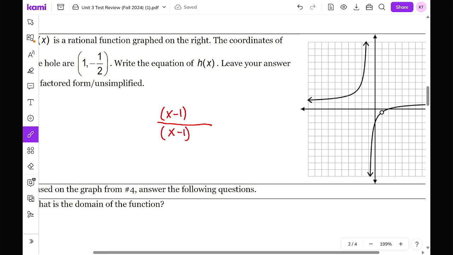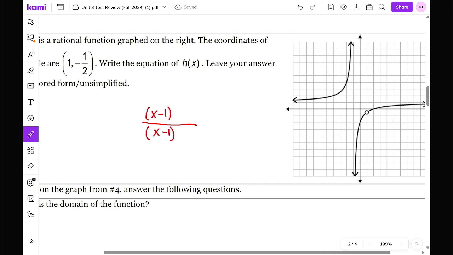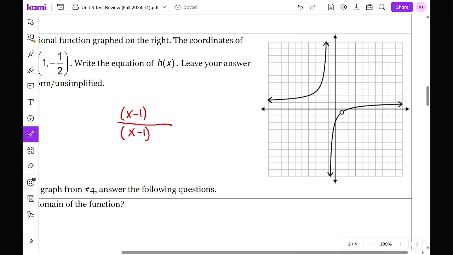The next thing I'm going to go ahead and look at is my x-intercept. And my x-intercept given to me here is at 2. So we have an x-intercept at 2 comma 0. And from a rational function, I can determine that by setting my numerator equal to 0.